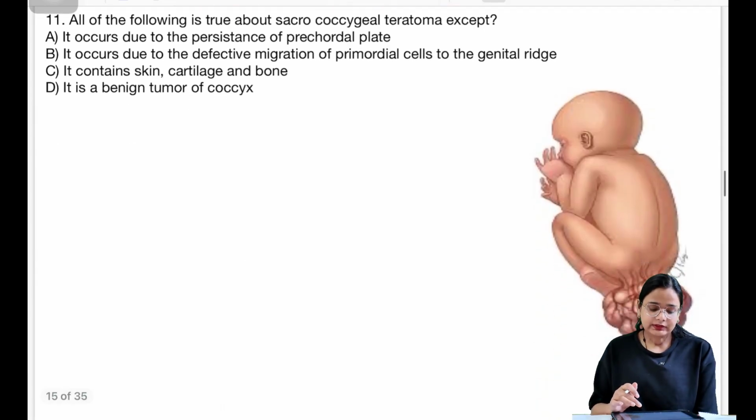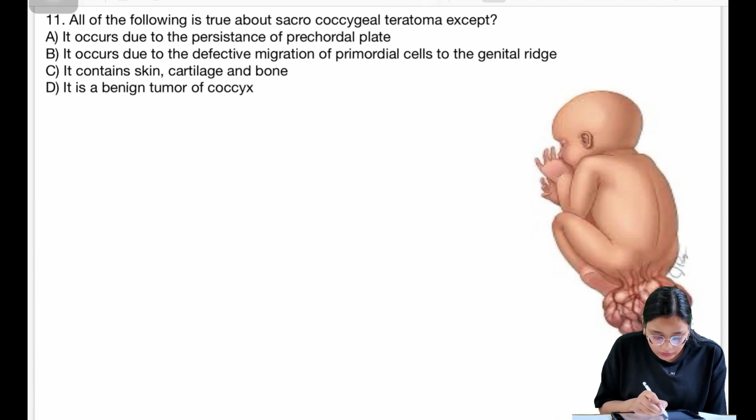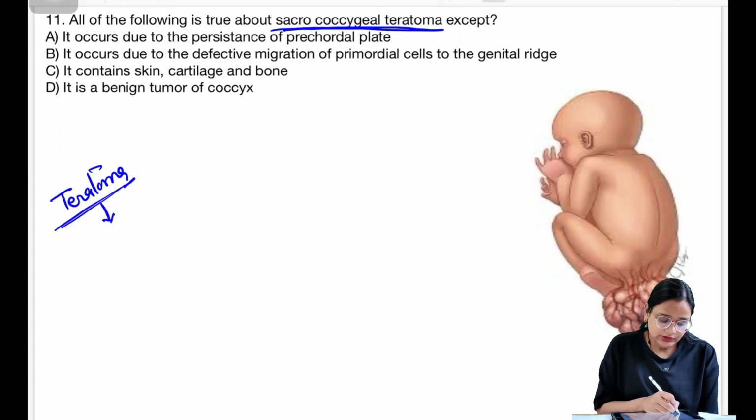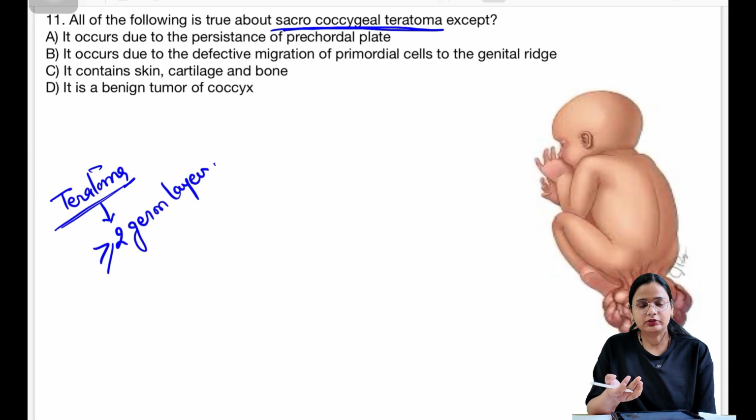Next is, all of the following is true about sacrococcygeal teratoma except. So you have to again check for the incorrect answer. If you know teratoma, those are tumors which arise from more than 2 germ layers, meaning they arise from ectoderm, endoderm and mesoderm.